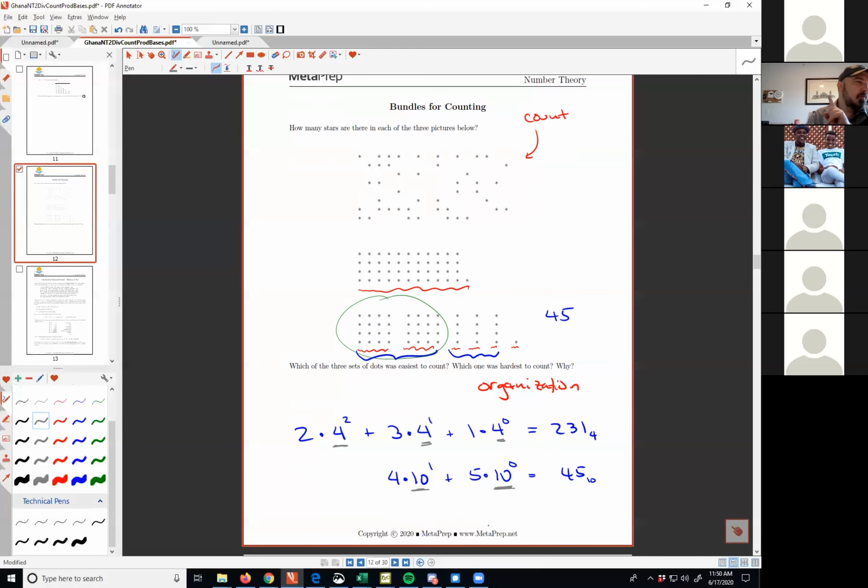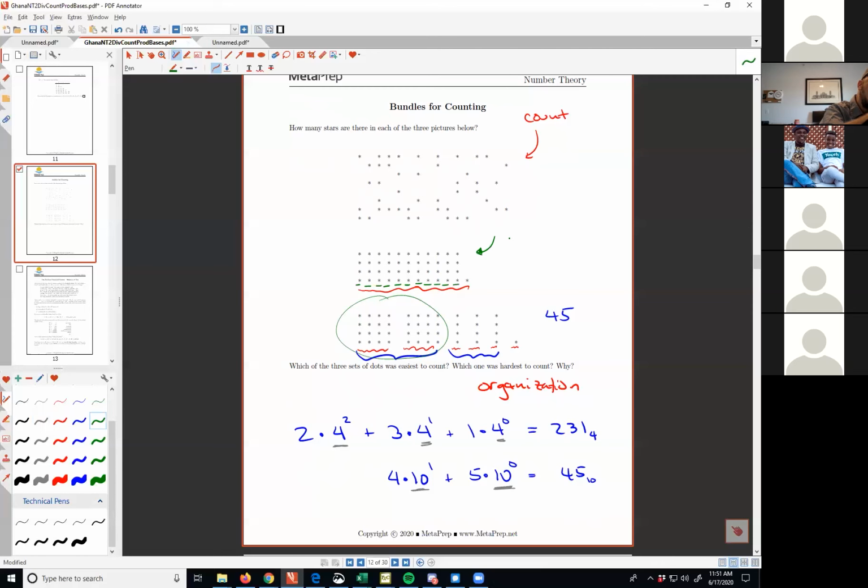And so what we want to do is always force organization to the largest level, right? Here, in the middle of these 3 pictures, even though they're the same number of dots, I only organized into first powers of 4, and there were 11 of those, and that was pretty ugly.